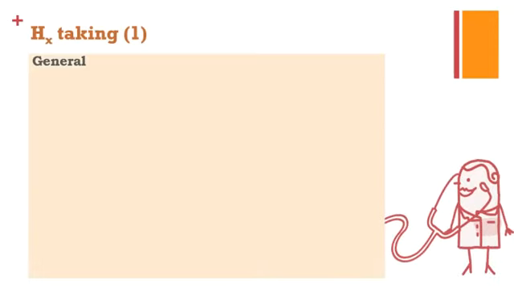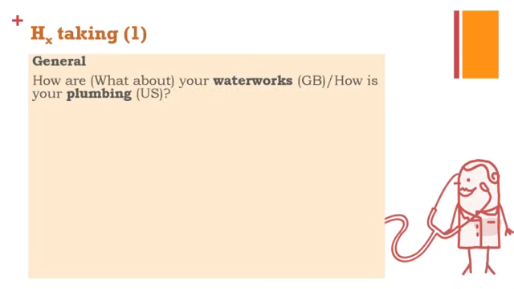In front of these symptoms, let's review the questions a doctor should ask his or her patient. When receiving a patient complaining of urinary or kidney problems, these are the fields you should cover. General: How are your waterworks? Or what about your waterworks? Or, for an American patient, how is your plumbing? Frequency: Do you often need to pass water?